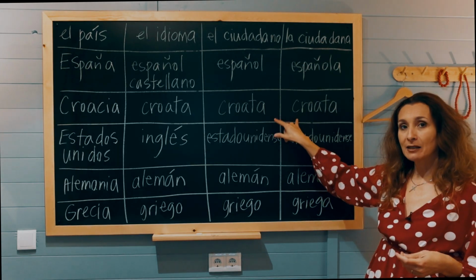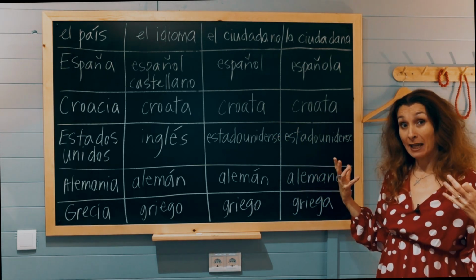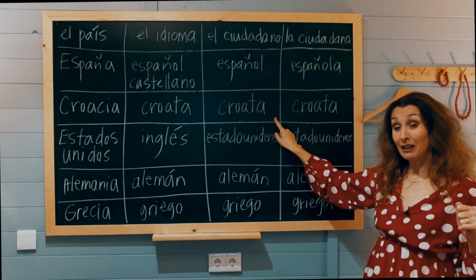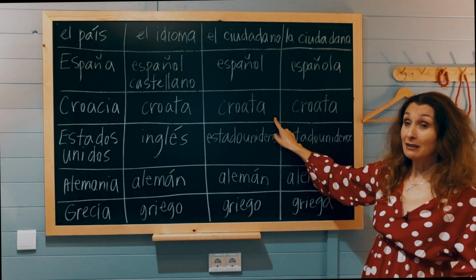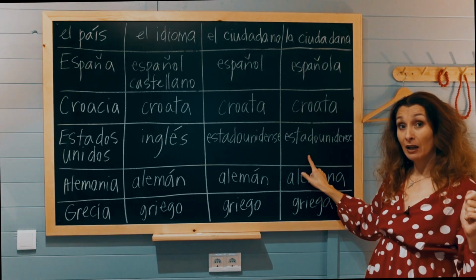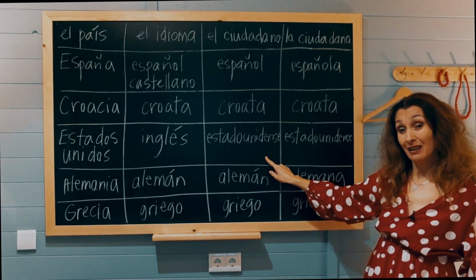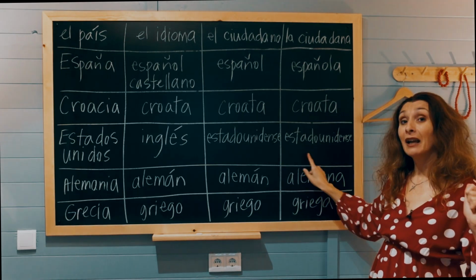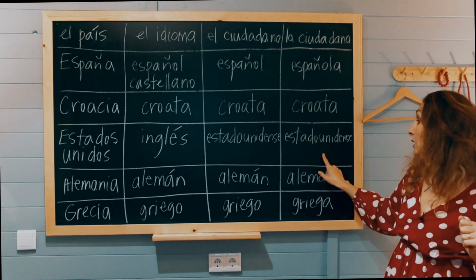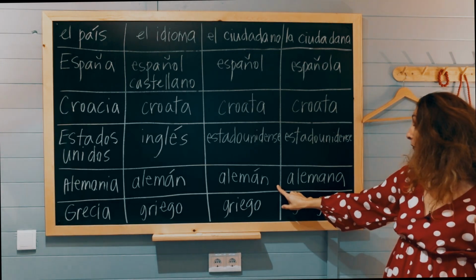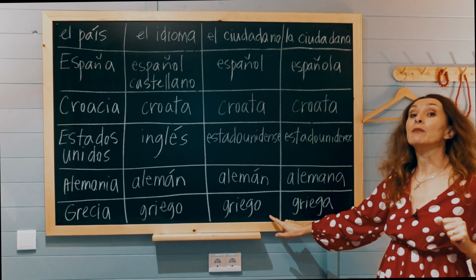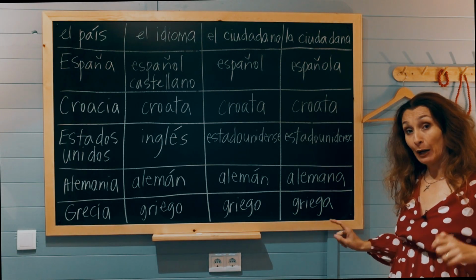But the word as such, taken out of context, does not give you that information, okay? Because it's croata for a Croatian man and croata for a Croatian woman. Same with estadounidense, an American man, and estadounidense, an American woman, exactly the same word. Not for German, alemán, alemana, we have two different ones, and same here, griego, griega, okay?